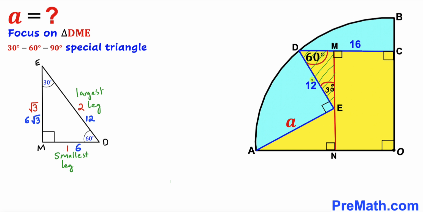In our case, DE is 12 units, so the smallest leg is half of that, which is 6, and the third leg is 6 times square root of 3.